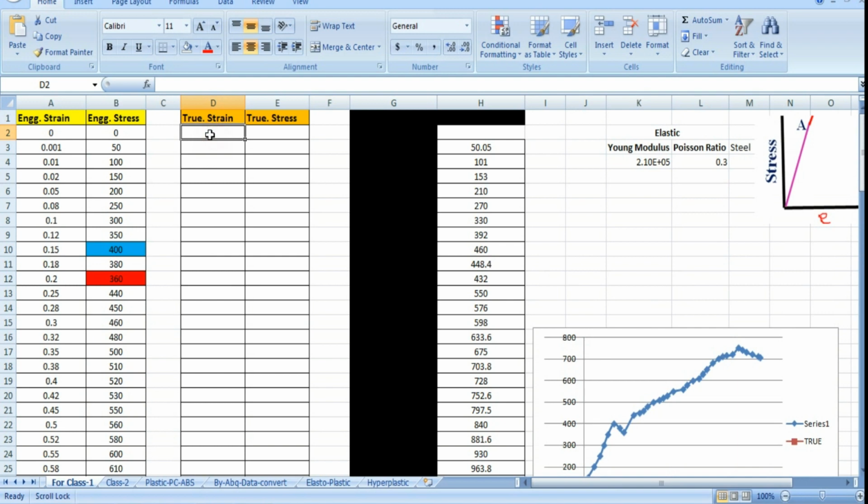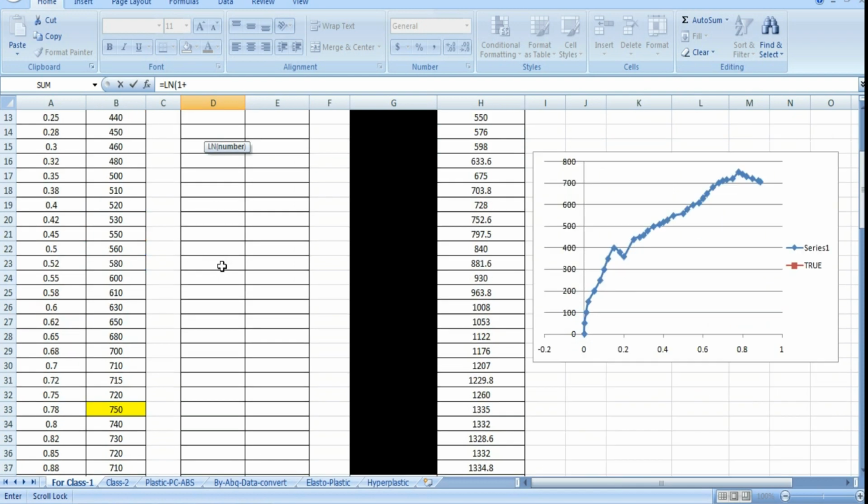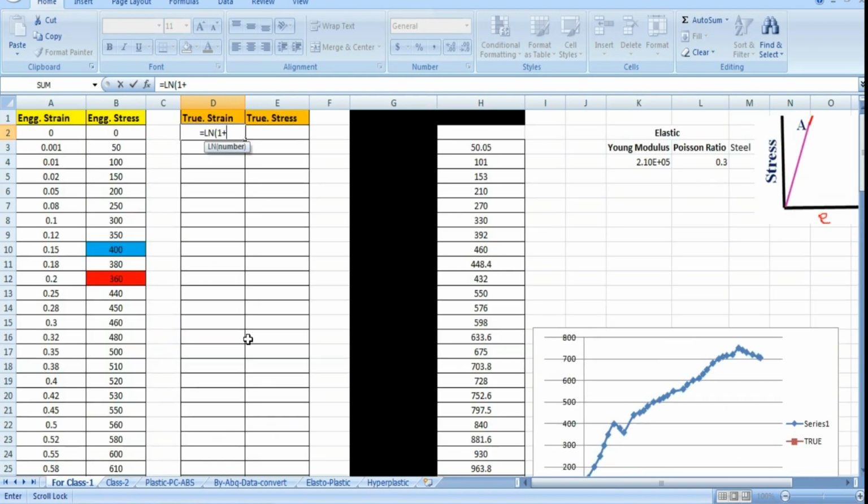So here just type equal to, type ln, click here, ln of 1 plus, what is this, 1 plus e. e means your engineering strain, that's one. Then just close the bracket, enter. Make sure you also get a 0 value here. Then just simply drag and drop.